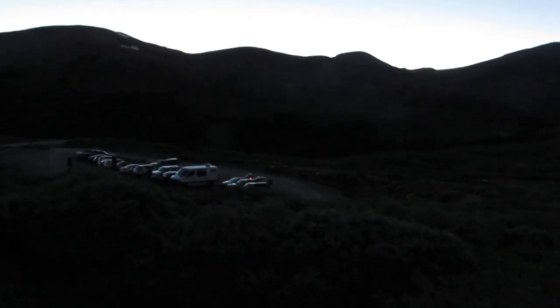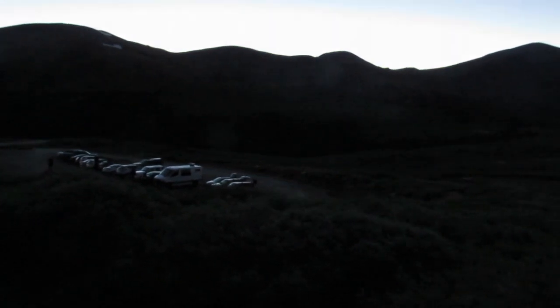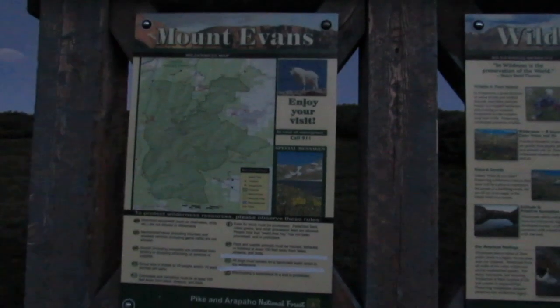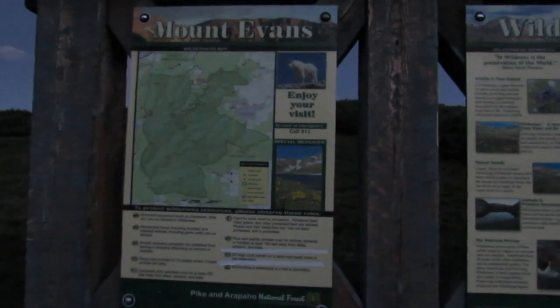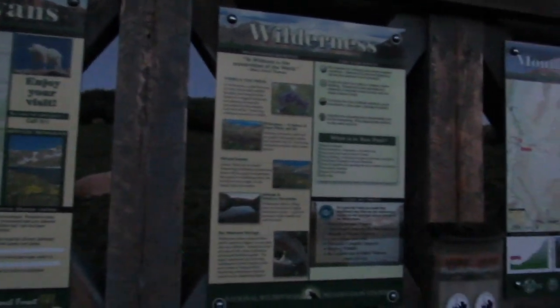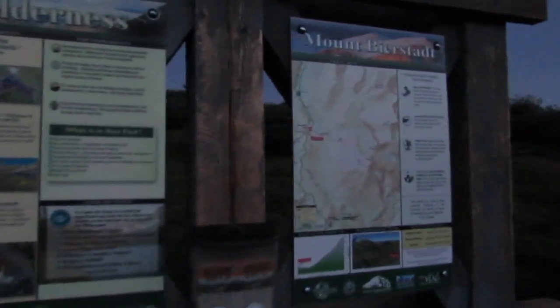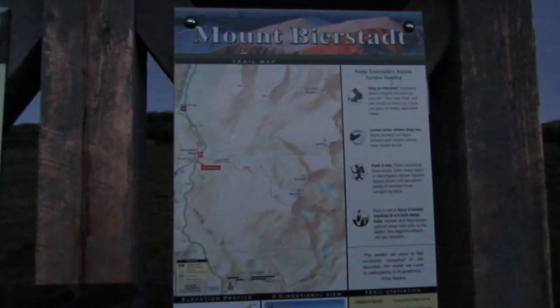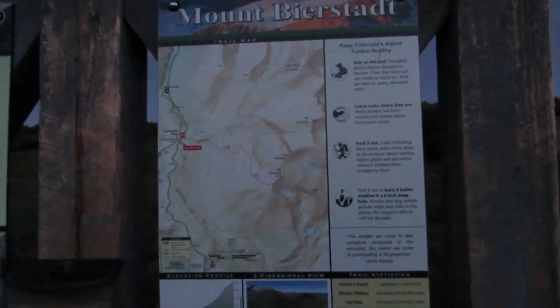Already quite a bustle this morning. And we have the signs at the trailhead. Go ahead and get started.